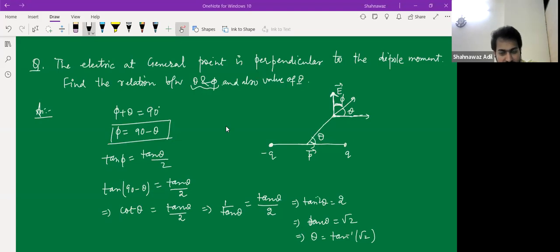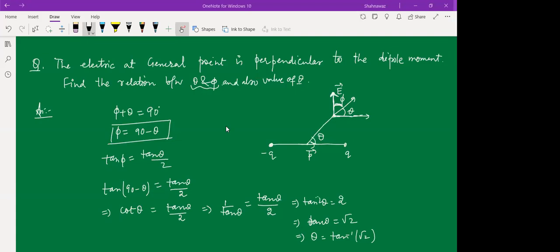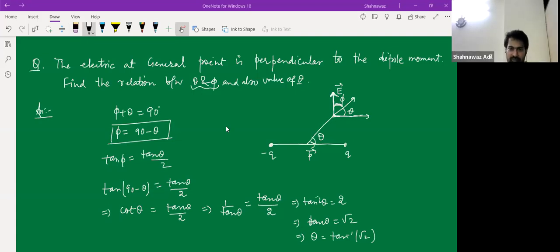Please note it down. Okay, done. Faisal has noted it down. Chavez, please note it down.